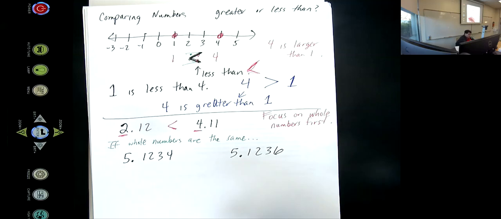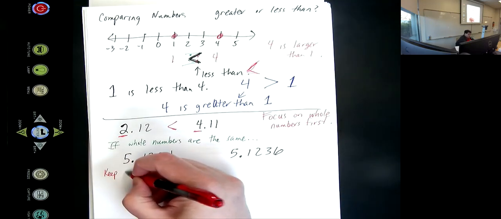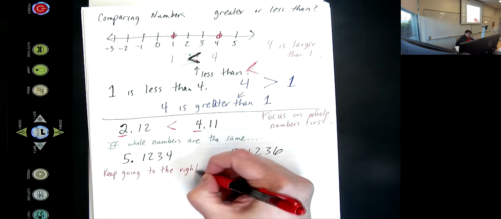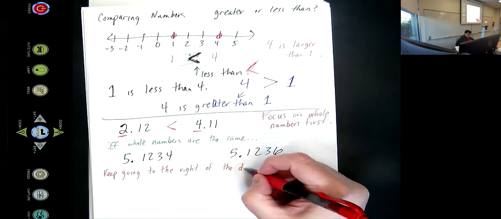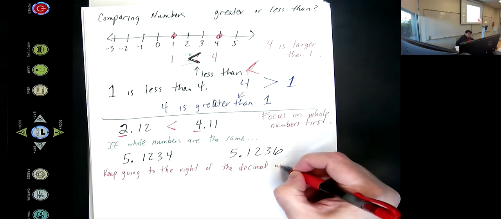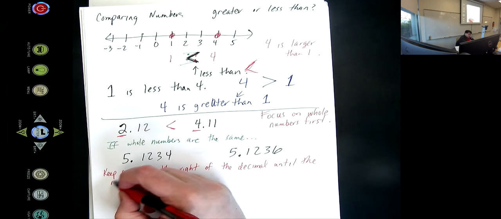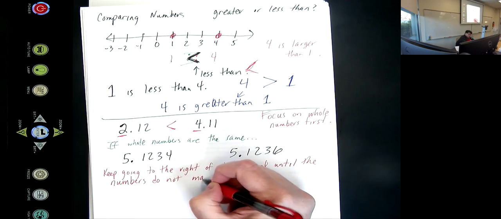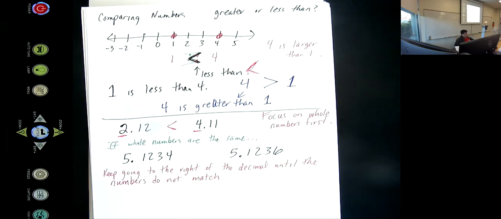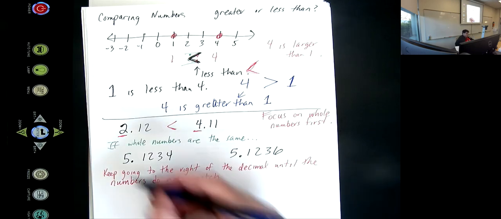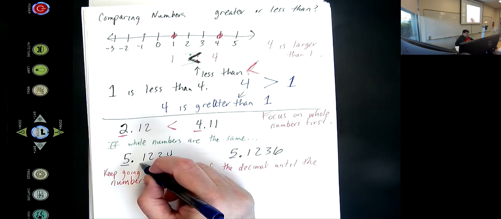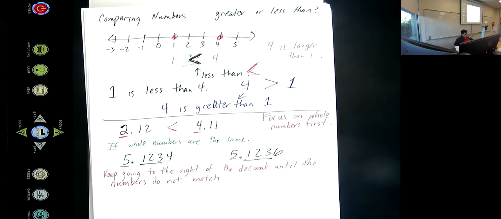Keep going to the right of the decimal until the numbers don't match. So my whole numbers match up. My 1, 2, 3 match up on both sides.